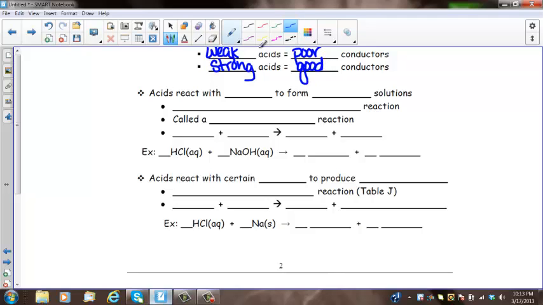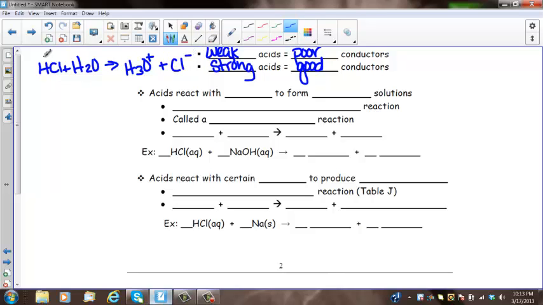Now, one thing that we don't really cover in this class but might help you understand it, a strong acid completely ionizes in water. So what that means is if I have HCl and it's in the presence of water, so HCl plus water is going to cause this to ionize into H3O plus and Cl minus.